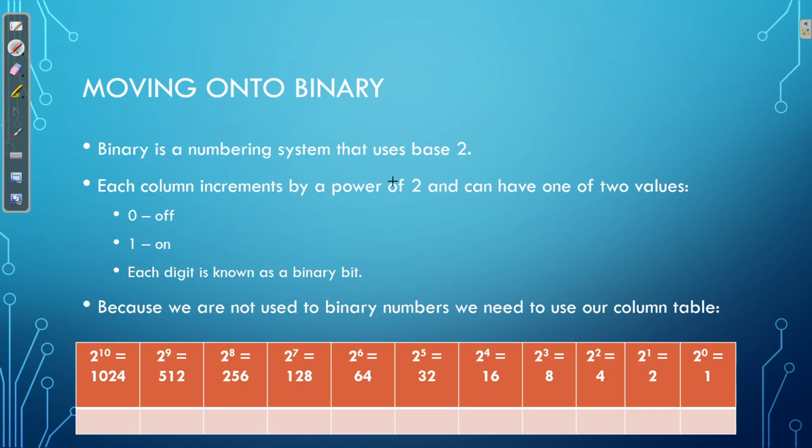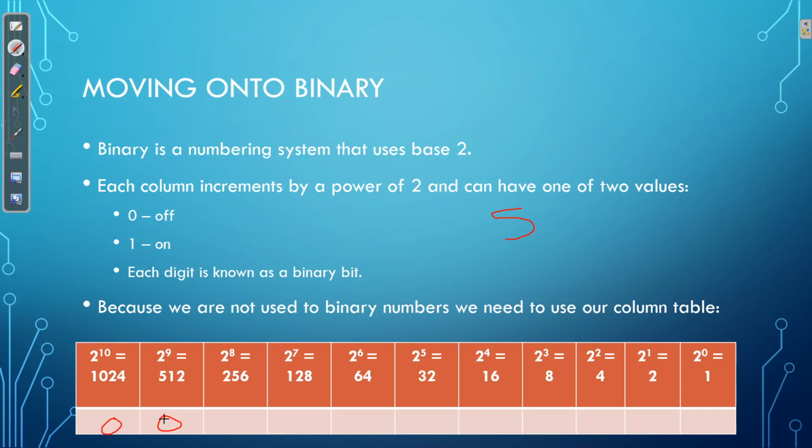Now, with binary, let me use this column system here. Let's say I wanted to represent the number 5 as a binary number. All we would do is, moving from left to right, put a 1 under the column that we need to make up that number, or a 0 if we don't need it.